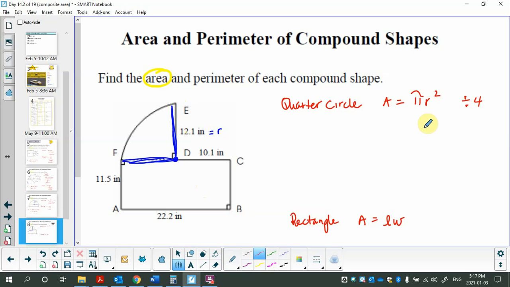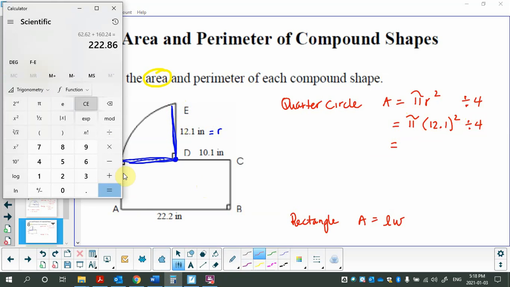So I get to put that in there. Don't lose the pi, and certainly don't lose the fact that it's not a whole circle, it's just 1/4 of it. So calculator time. Pi times 12.1 and then square it. Divide it by 4 to get 1/4 of the circle, and it's 114.99.